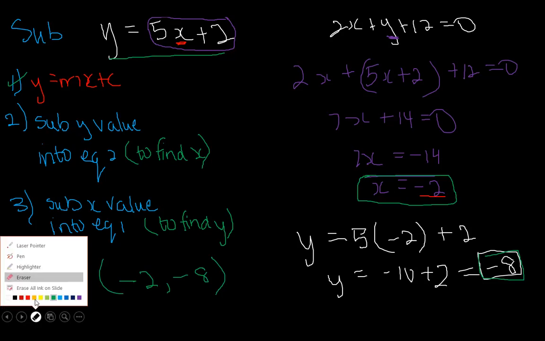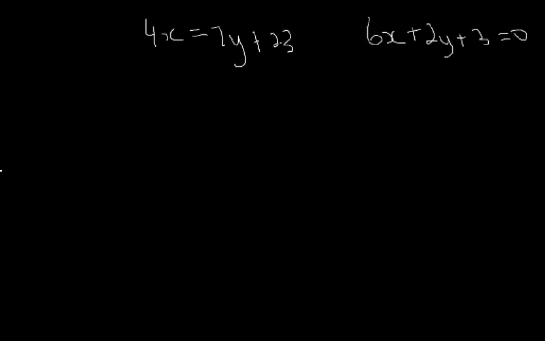Okay, so we're doing another example, but this time I'm not going to write the steps for you. 4x is equal to 7y plus 23 and 6x plus 2y plus 3 is equal to 0.